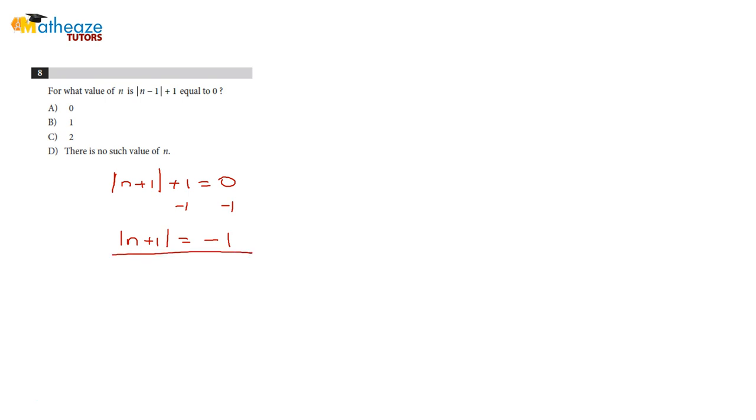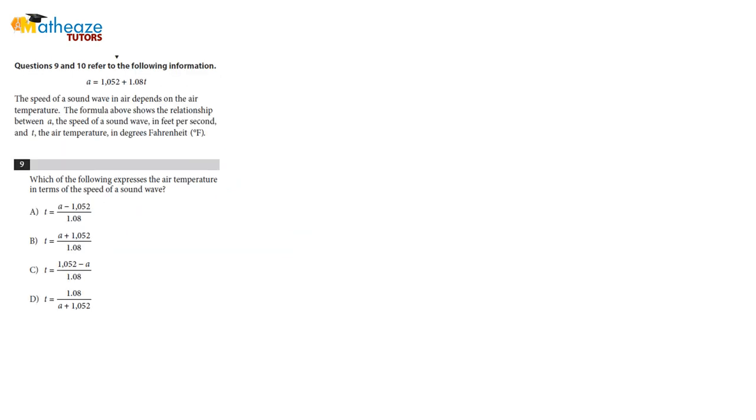Remember, with absolute value, the value within the absolute signs ends up becoming positive. So you can never get a negative value within the absolute signs. So here, there's actually no value of n that would make this true, because this can never happen.